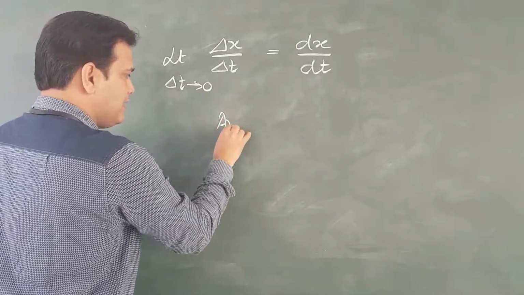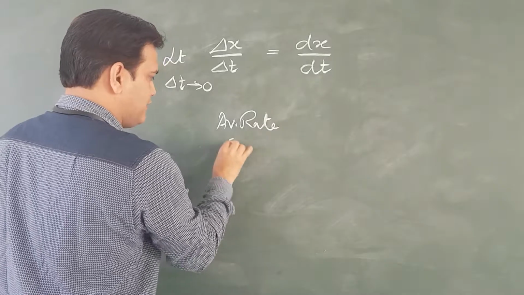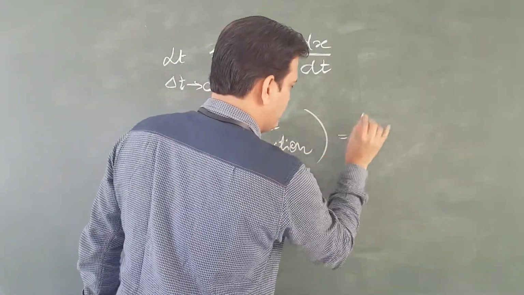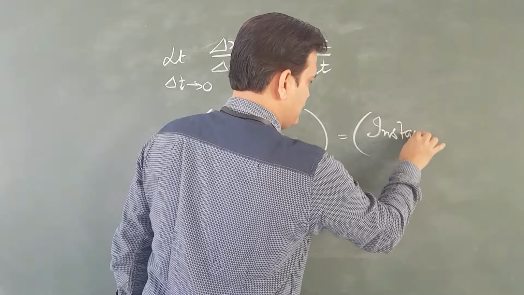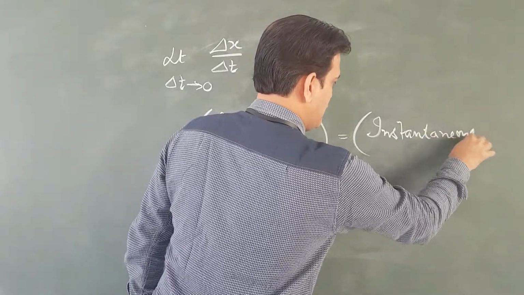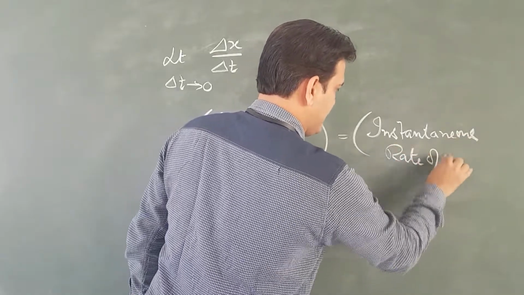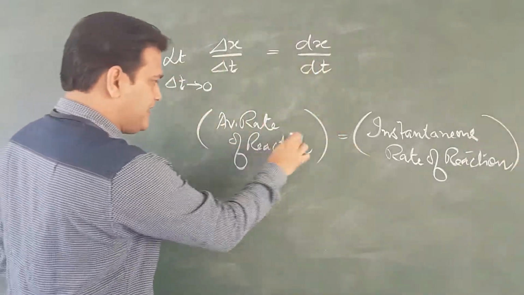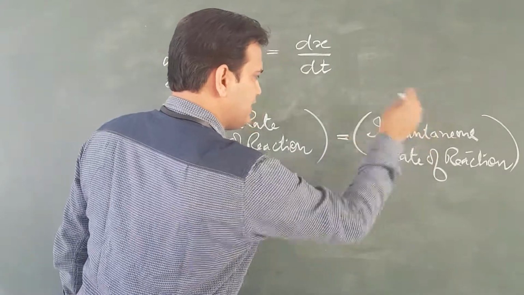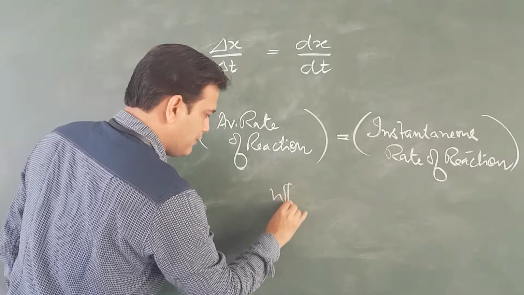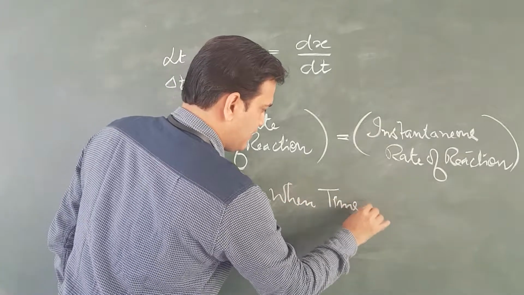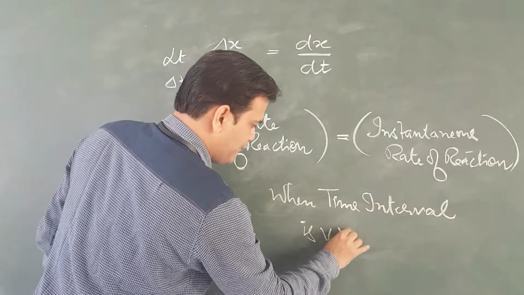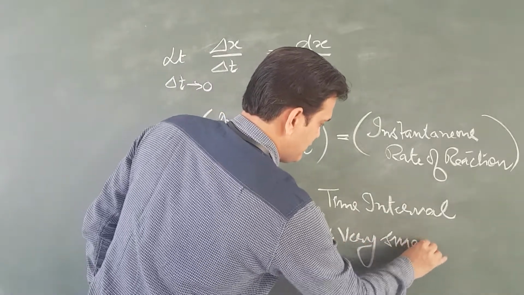This means average rate of reaction will be equal to instantaneous rate of reaction when the time interval is very small.